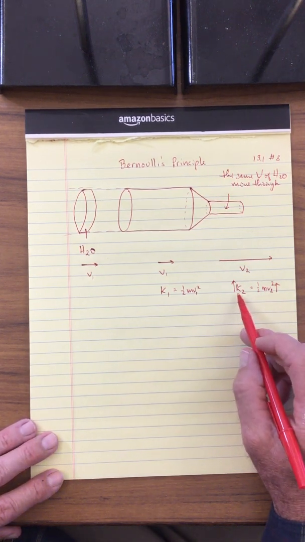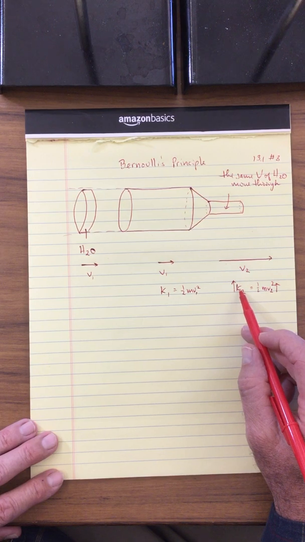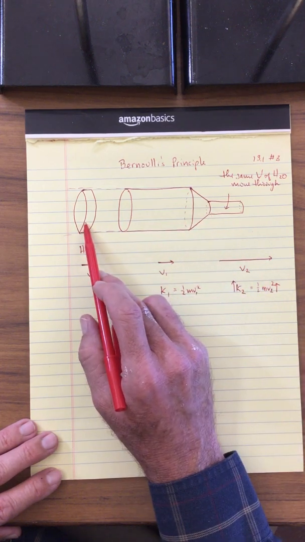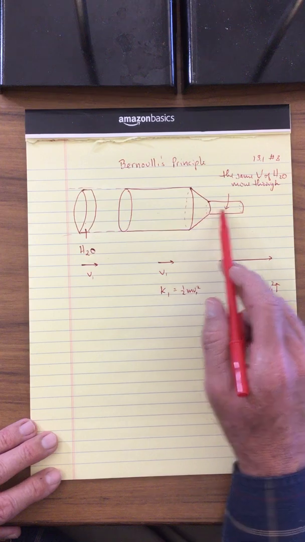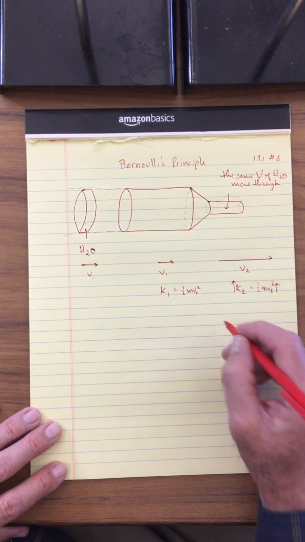So if we're increasing the kinetic energy, some positive work has to have been done on the water. So the water is flowing along at a certain velocity. Now this column of water is going at a larger velocity.